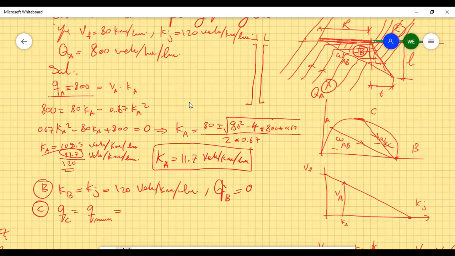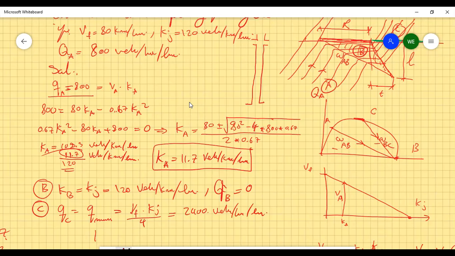Q maximum, if we are taking a Greenshields linear speed-density relationship, will be VF multiply Kjam divided by 4. So it will be 2400 vehicle per hour per lane.